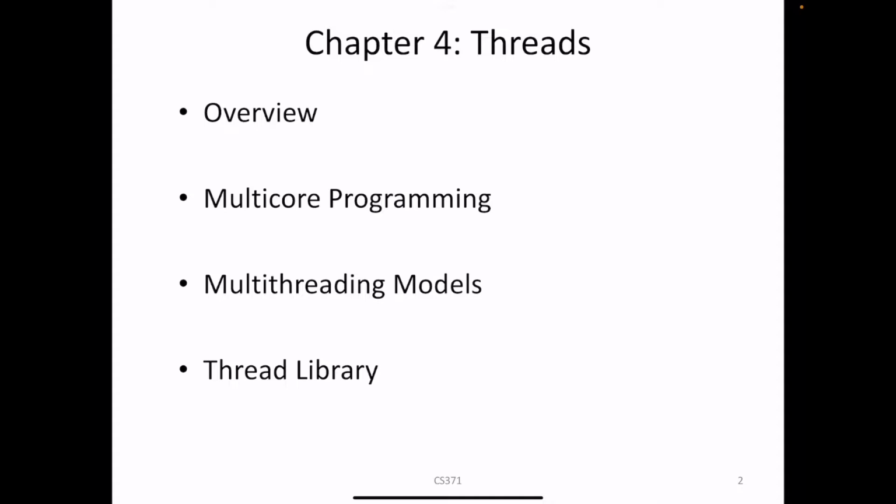And we are going to talk about thread-enabled multi-core programming and also a multi-threading model that is usually used by the operating system to support different threads. At last, we will talk about the thread library and how to use threads in Linux C programming.